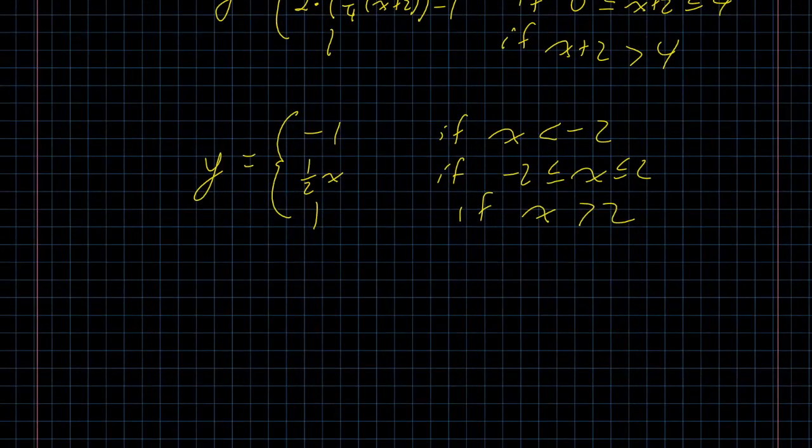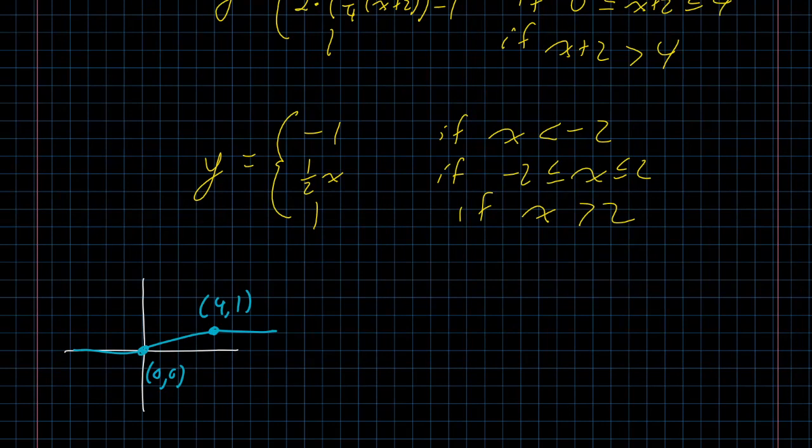And so my graph goes, my original function looked something like that, with key points at (0, 0) and (4, 1).